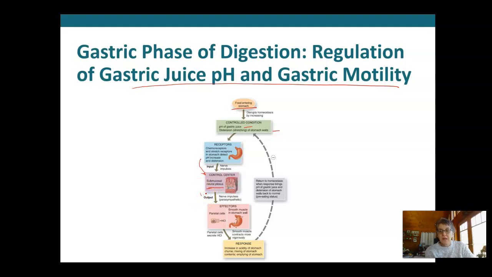It's staying local, so my control center is not necessarily going up to the brain at this point, but it's telling the stomach to increase its activity and contract more. Remember, there were the three sets of muscles, longitudinal, circular, and oblique, that now are stimulated because of the distension, and it's going to tell those parietal cells to make more acid. So it's increasing stomach activity.